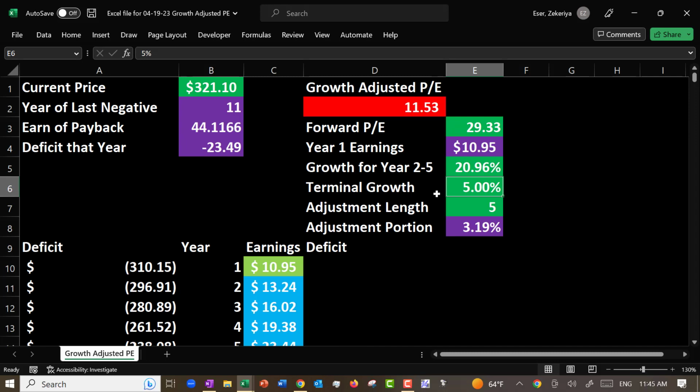But we're already including that in forward PE. So we can basically figure out what year 2 to 4 growth should be given the year 1 growth and year 1 to 5 growth. But for now, don't worry about that. Just leave it as it is. Growth adjusted PE is 11.53.